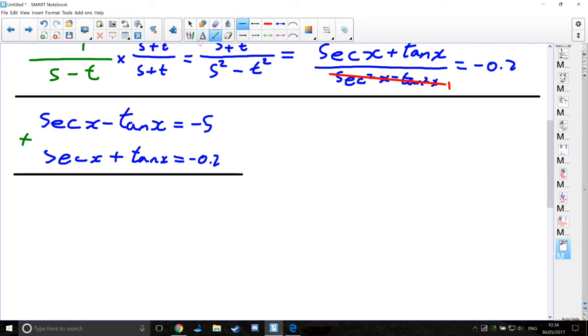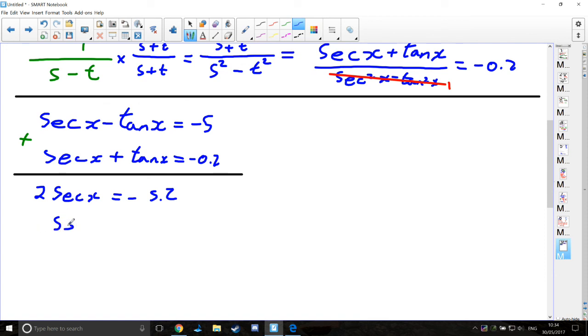And we get 2 lots of sec x minus tan x plus tan x. That goes away, it's gone. And we end up with negative 5.2. You can type this into your calculator to change this into a fraction because it's nicer to work with later on, but I'll do that in just a moment.